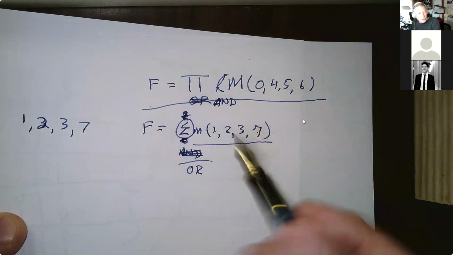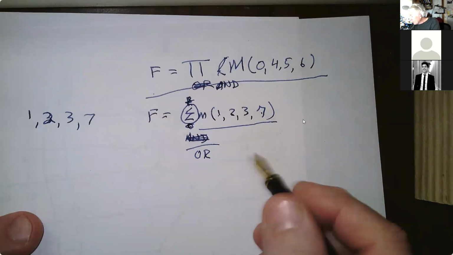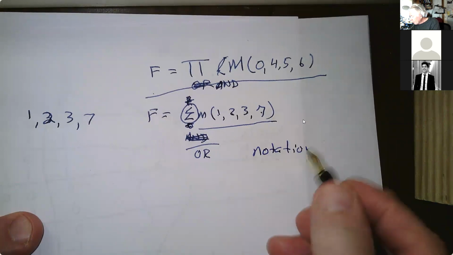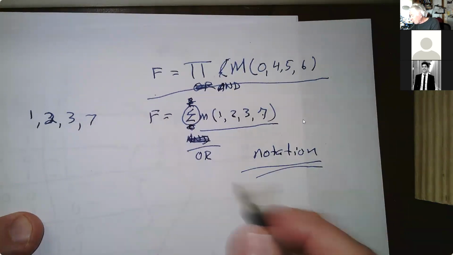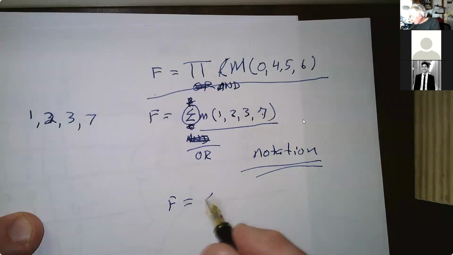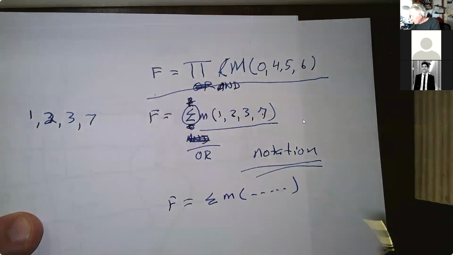And when I ask you to give an answer, sometimes I'll ask you to give it in notation. When I want it in notation, that's how I want it. If I want the min term notation, I would say F equals the sum of the little m's.